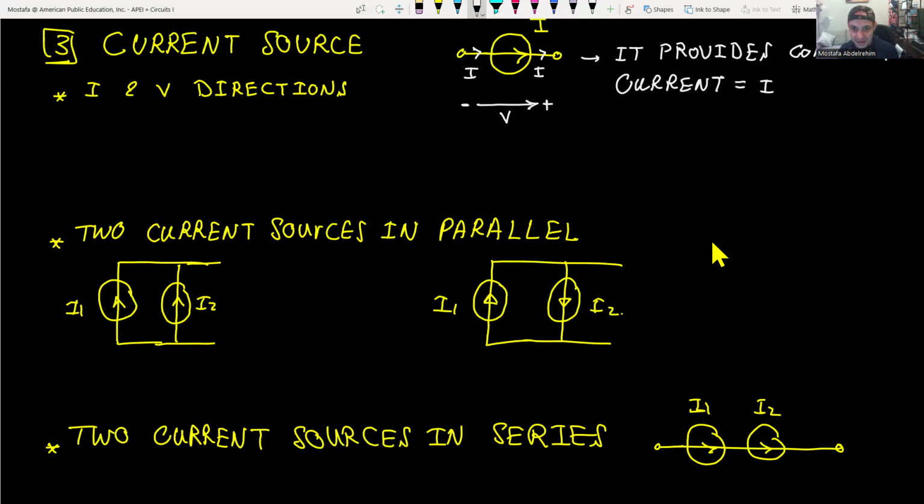Underground, how this current source works, you're going to find it's basically something like a battery. I mean, we don't have current sources in nature.